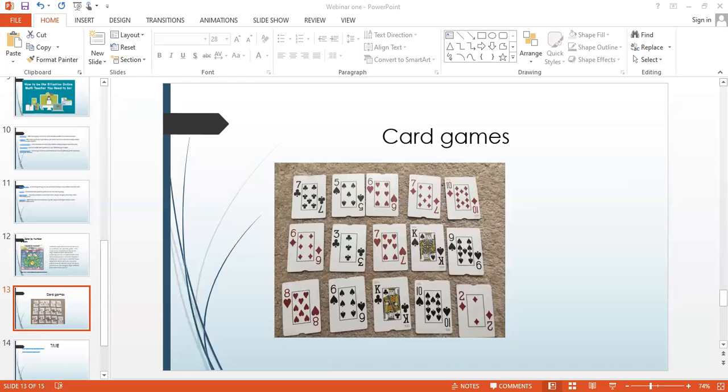Later they need to collect the things and identify the shape of the respective object, and they can categorize according to the shape.